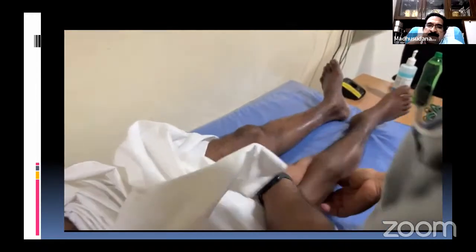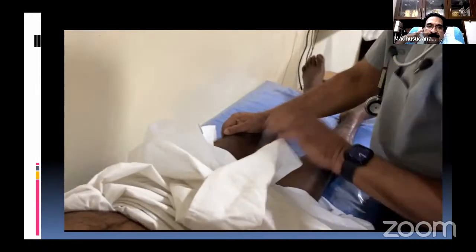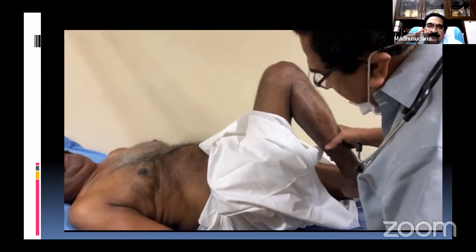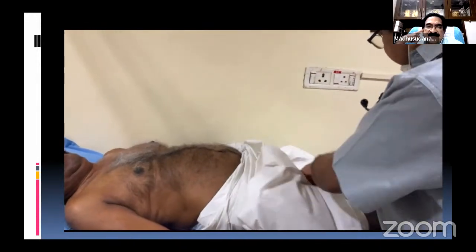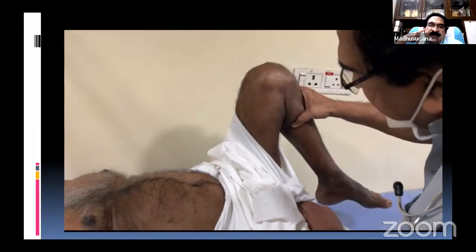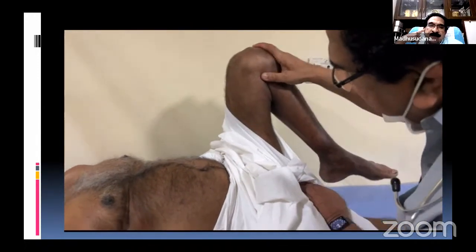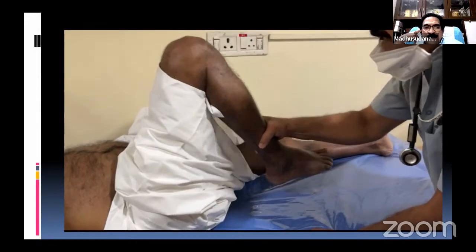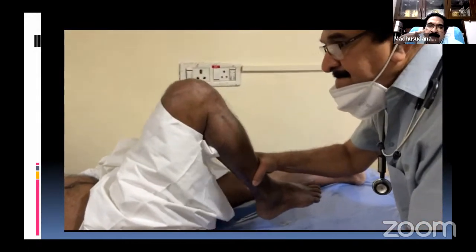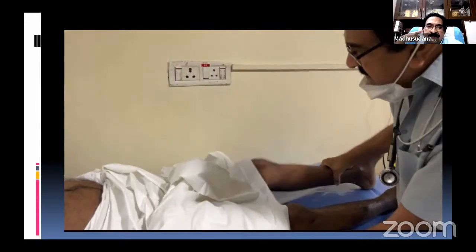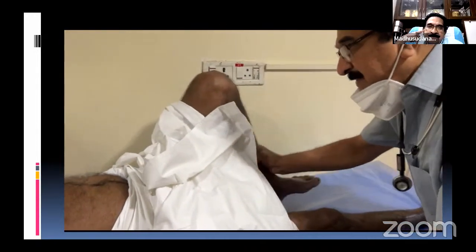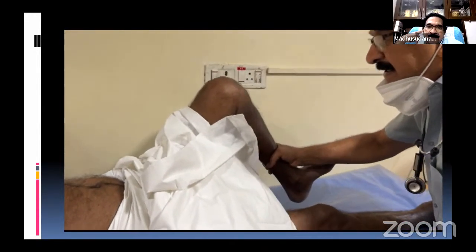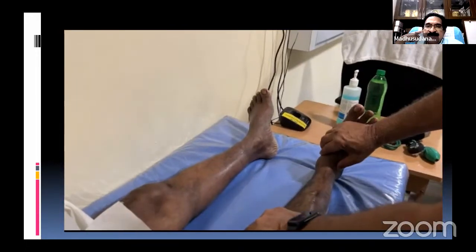Tone is normal. There is marked weakness of hip flexion. You cannot keep it against gravity at all. Easily I can overcome. The knee extension is also weak, mildly weak. Knee flexion was normal.